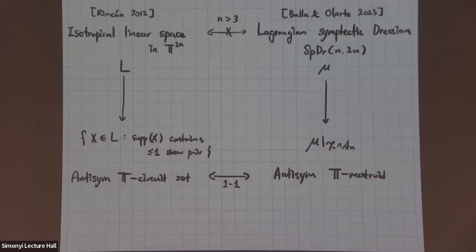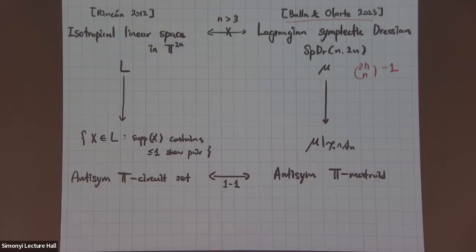In the paper by Brandt and Olarte, they defined the symplectic Dressian, or the Lagrangian symplectic Dressian, which is nothing but a rank n valuated matroid on a ground set of 2n elements together with certain linear relations. Those linear relations come from the parameterization of the Lagrangian symplectic Grassmannian into the space of n choose n dimensional projective space.